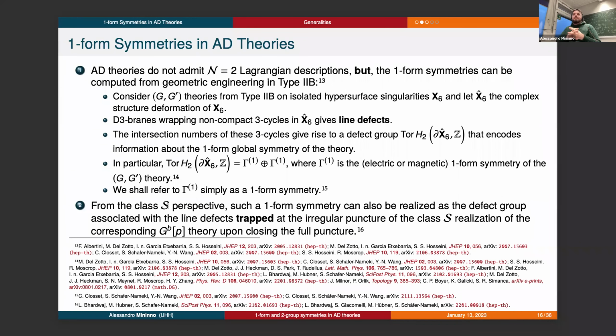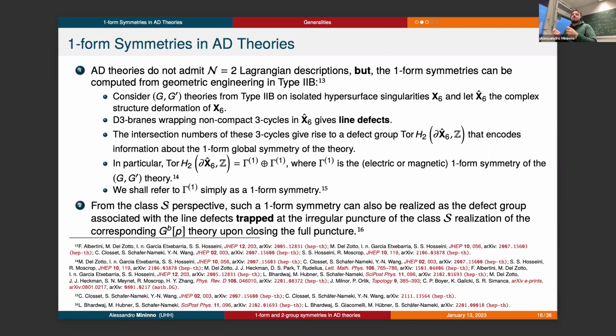From the point of view of class S, instead, such a one-form symmetry can be realized as this defect group with the line defects trapped at the irregular puncture. And by trapped, we mean that the information is in the irregular puncture, because whenever you are considering the Riemann sphere with the irregular puncture, there are no one-cycles that you can use to compute the one-form symmetry.